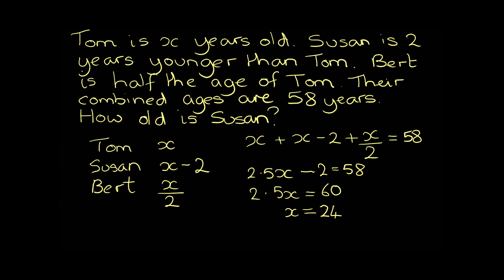So to get Susan's age, remember over here we need to take 2 years off. So that tells us that Susan is 22 years old. That's quite a classic style of question. So we needed to form up expressions for each person first of all. Then we had to add them together and solve our equation in order to work out the answer.